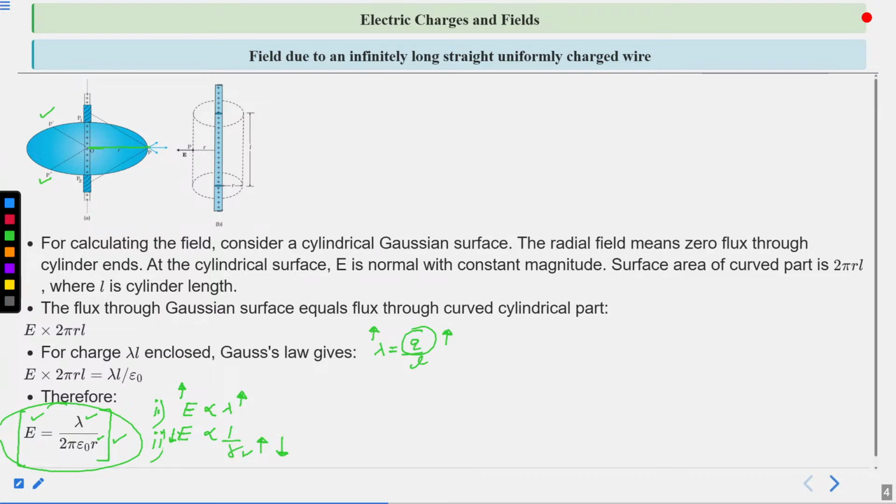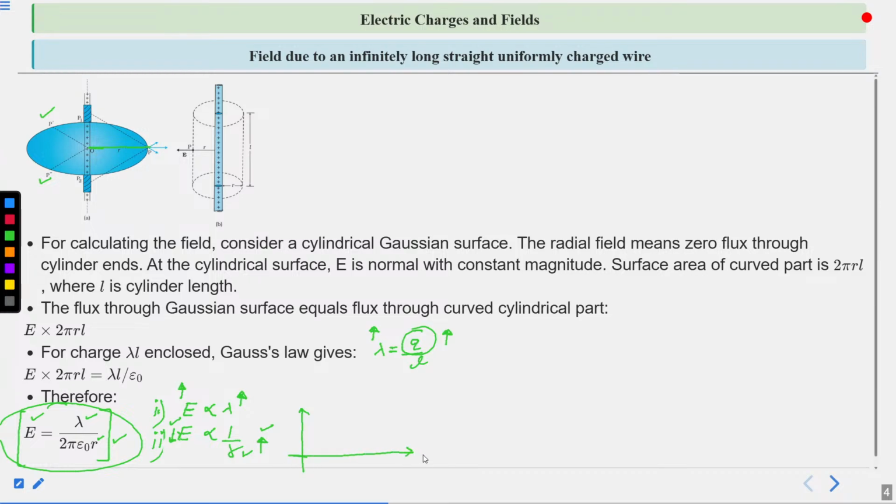So if r increases, the value of E decreases, and in the second case, if r decreases, E increases. So this is a very important concept. Clear? And how can we draw a graph between E and r? First of all, we draw the axes.